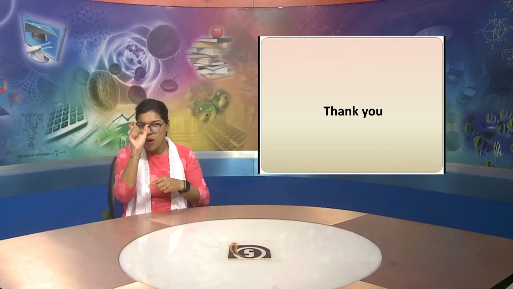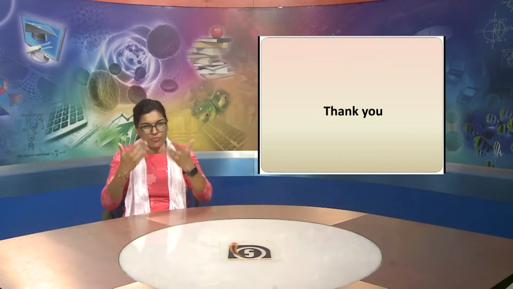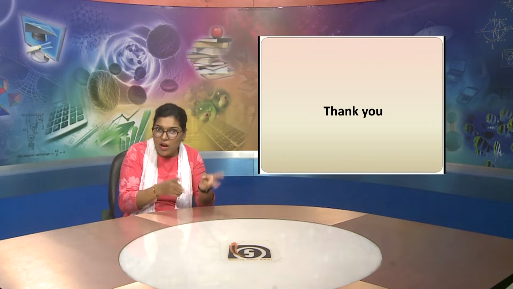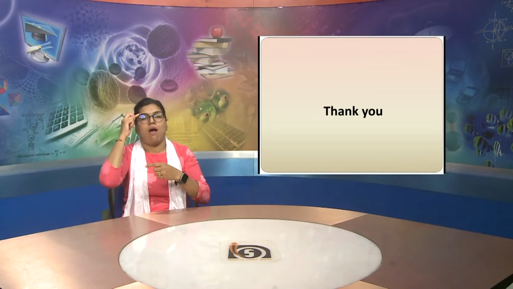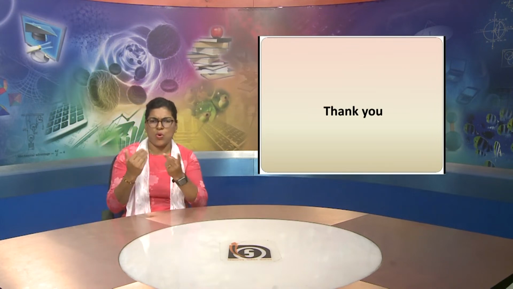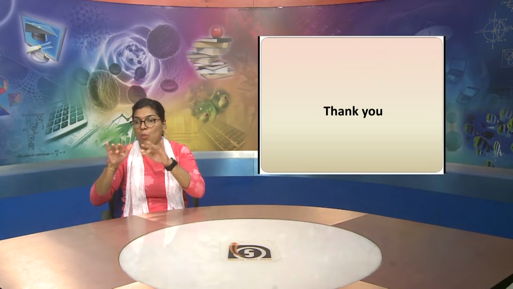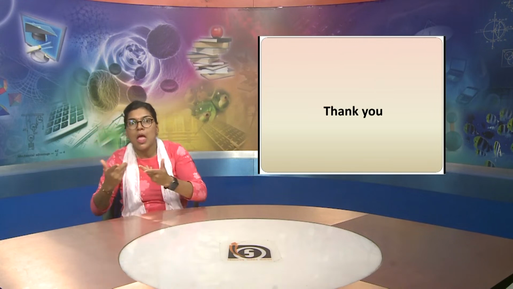So we have completed this lesson. In the beginning we did the difficult words from this lesson, and after that we understood it. I hope you understood this lesson well and also learned in detail about the manual and the computerized system of library. So these are basically two main systems which we discussed in this video.